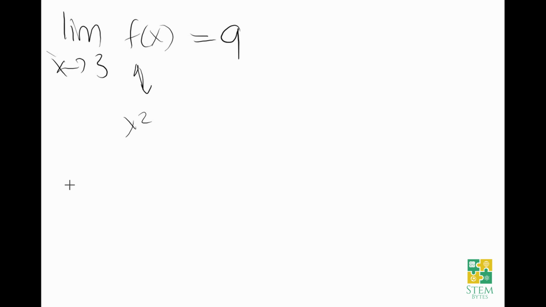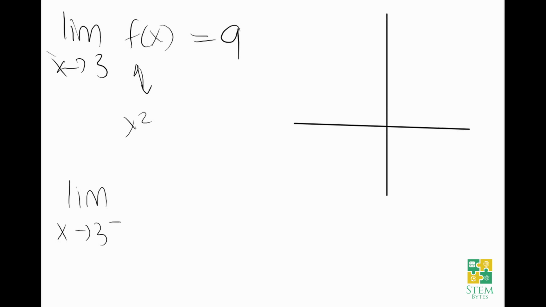But let's see the limit as x approaches 3 of our f of x, or x squared, from the beginning. We know this is 9. But what about the one-sided graphs? What about from the negative side? Well, we can graph it again.